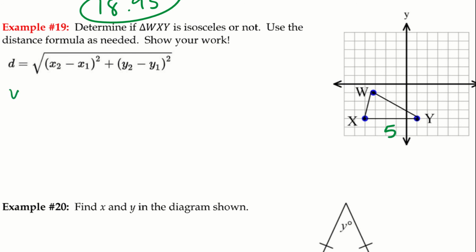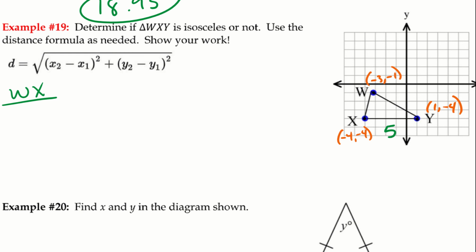Alright, let's go ahead and take a look at WX. I'm also going to name the points so that we can use the distance formula. So X is (-4, -4). W is (-3, -1). And Y is (1, -4).